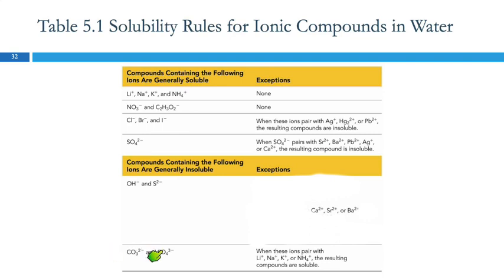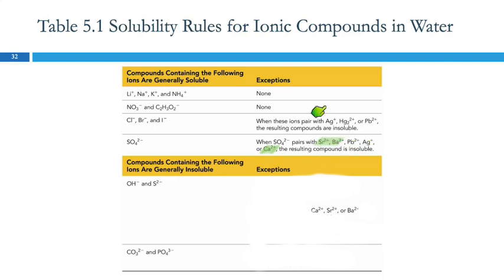Down here, carbonate and phosphate. Most of those compounds are insoluble unless they have those ions. Again, we didn't need that rule, because if we start at the top, we're never going to get there. And the exceptions at the top: strontium, barium, and calcium, just like the exceptions down here.